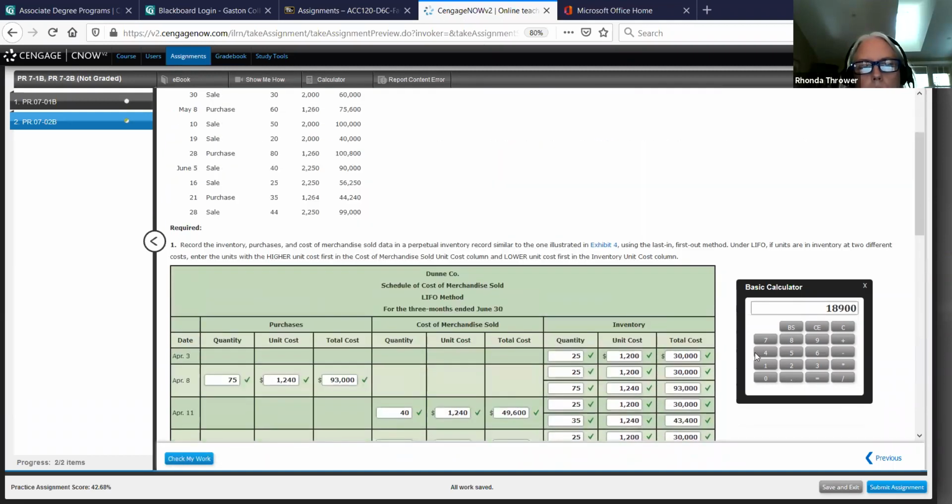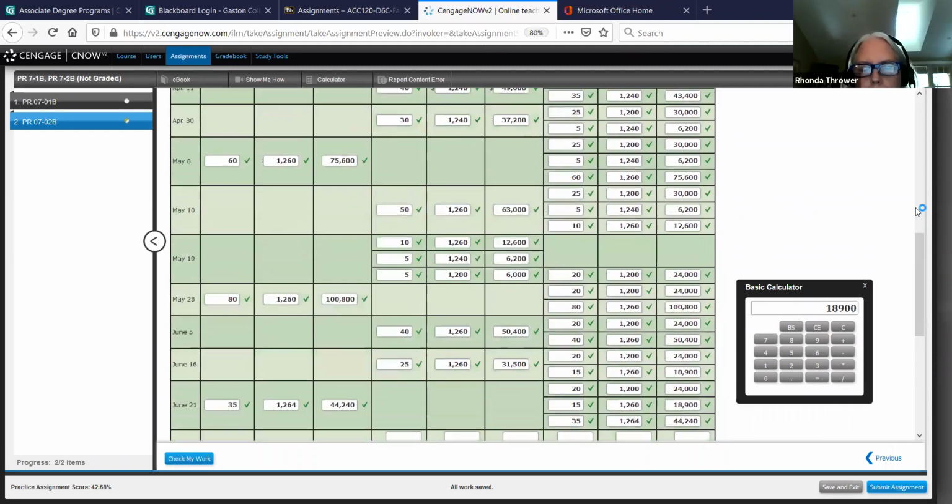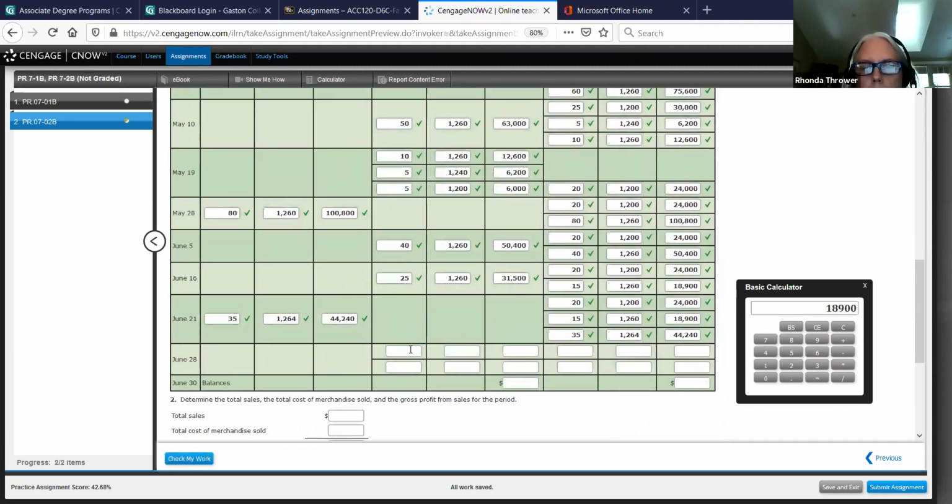Then on June 28th, we sold 44 units. So if we sold 44 units, we sold this entire layer. Remember, it's the last in or the first ones you're selling. So 35 at 1264, we've liquidated that entire layer.